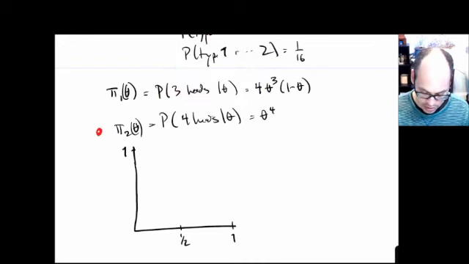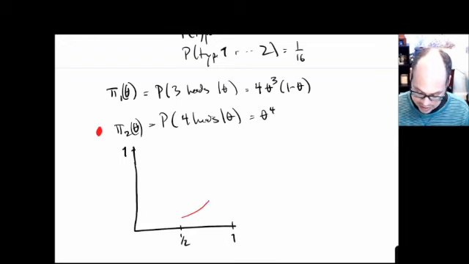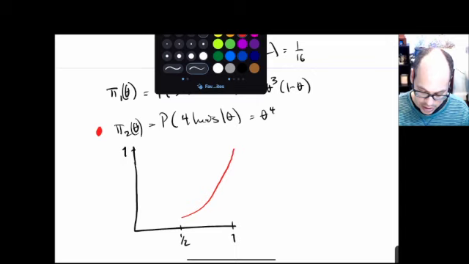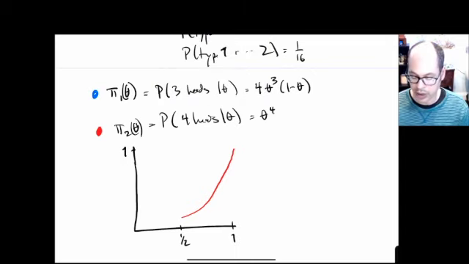For the power of test 2, theta to the 4th has a graph that looks like this, like I drew before. And the power of test 1 will be 4 theta cubed times 1 minus theta.